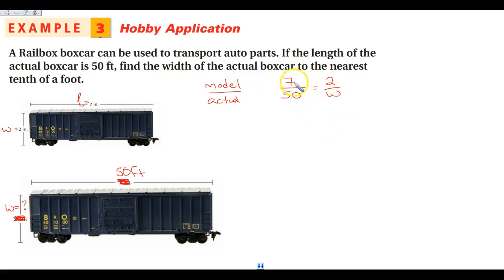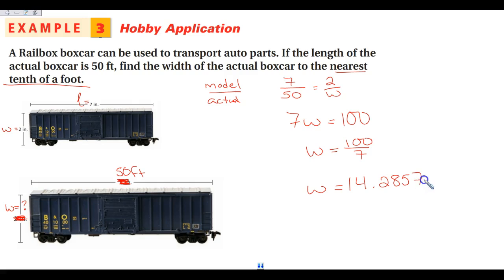All right, so I'm going to cross multiply here. 7 times W is going to be 7W. 50 times 2 is 100. And I'm going to divide both sides by 7, so I'm going to get 100 over 7. Now, it says to the nearest tenth of a foot. So I'm going to put that in my calculator, so that'll be 14.2857.